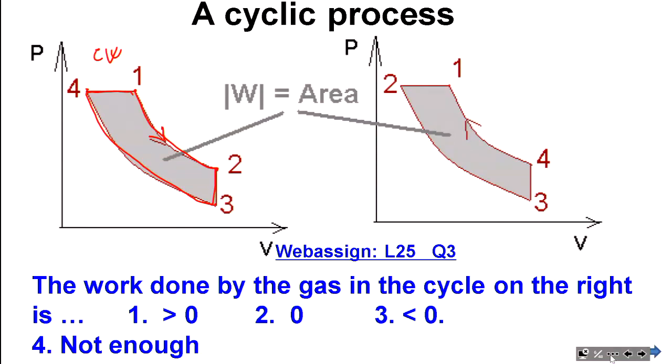And on the right, we have the same set of states, but we go through those states in the opposite direction, and we call it a counterclockwise cycle. And let's see what you say about the work done.